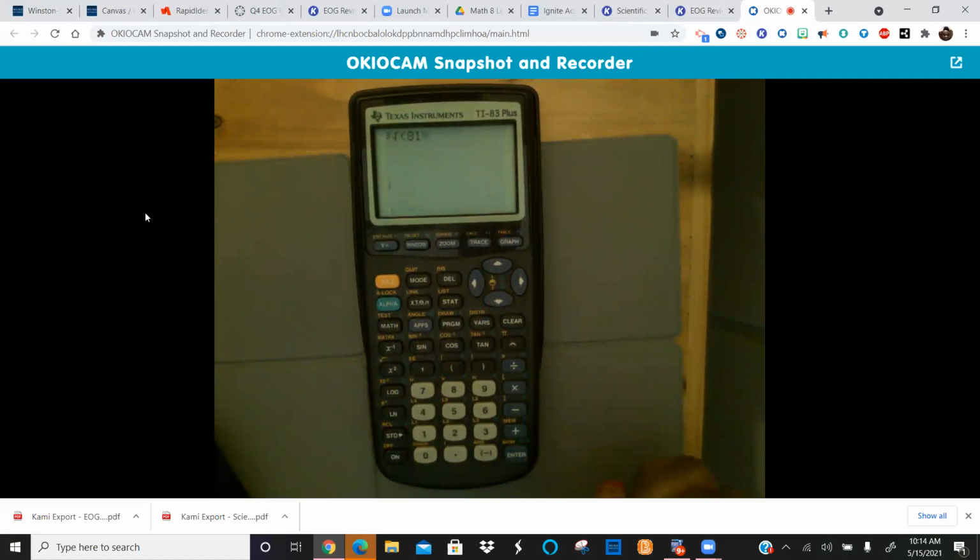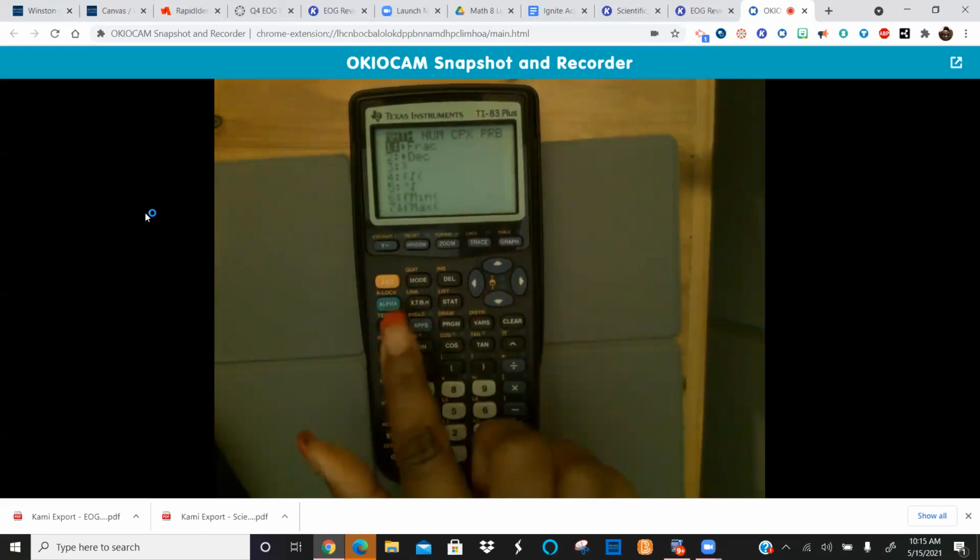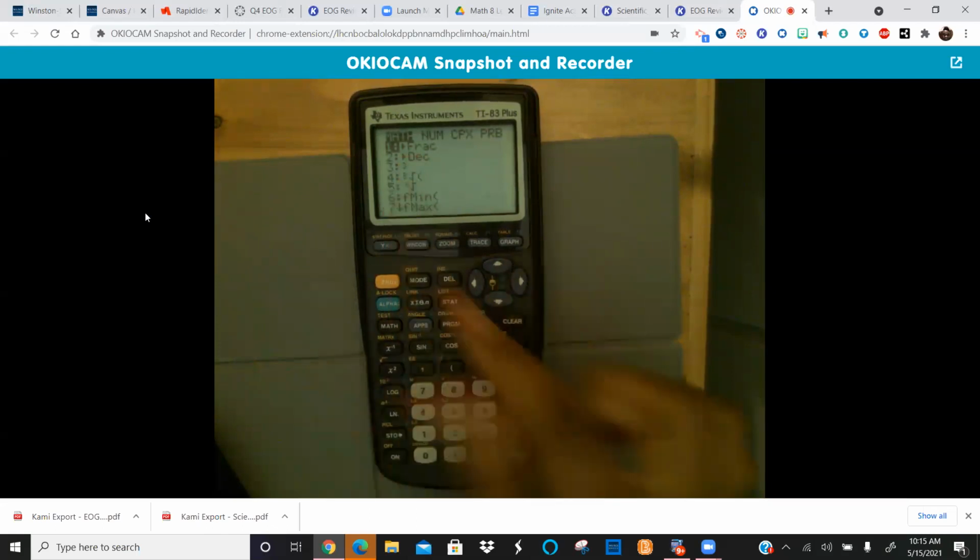Cube root of 81. That means what number can be multiplied times itself 3 times to give you 81. So press enter there. I should have done a perfect one. Let's do a perfect one first. So let's do it again. We got math. Cube root is number 4.